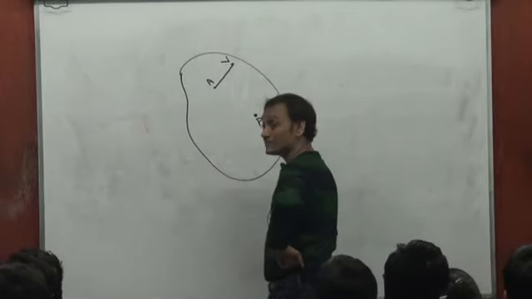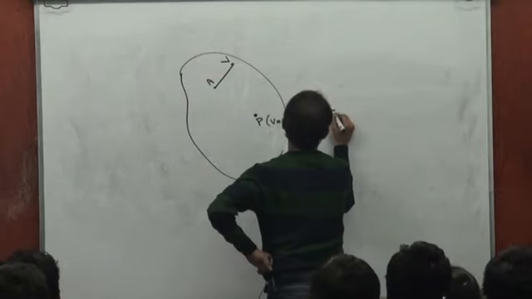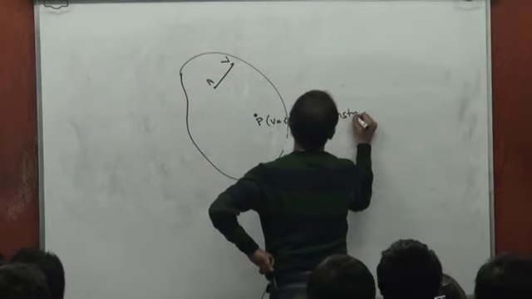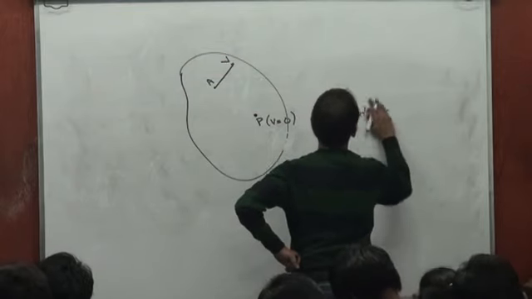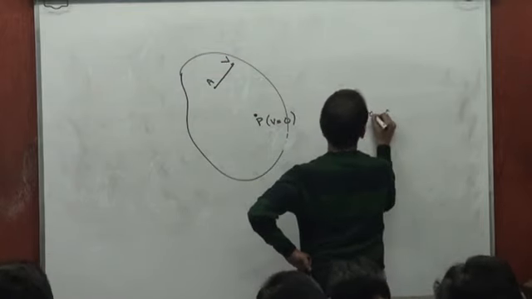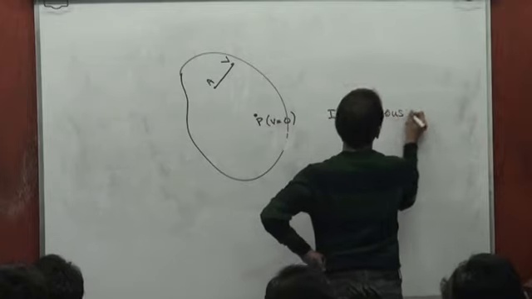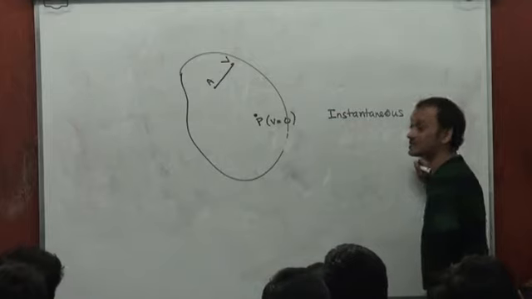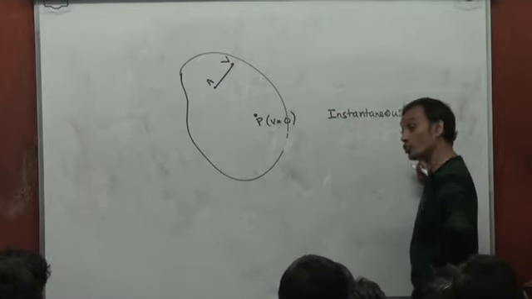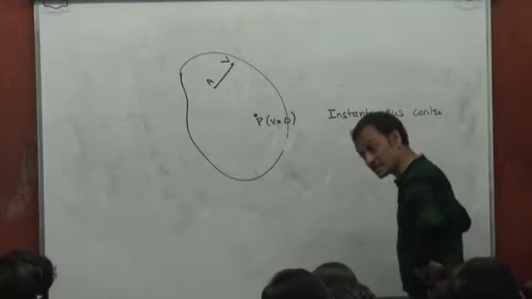This particle P that has zero velocity is called the instantaneous center.